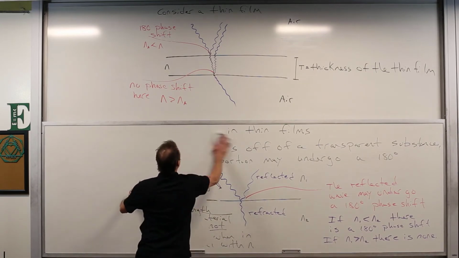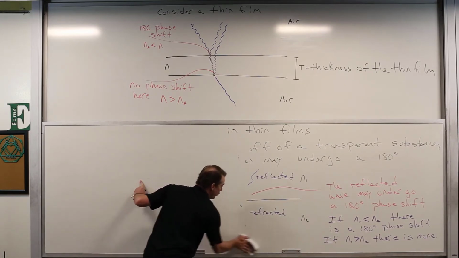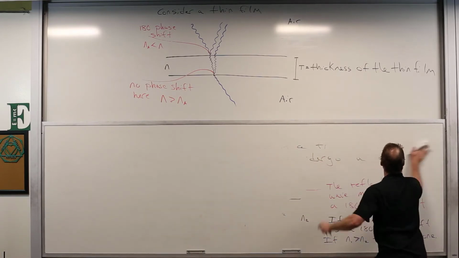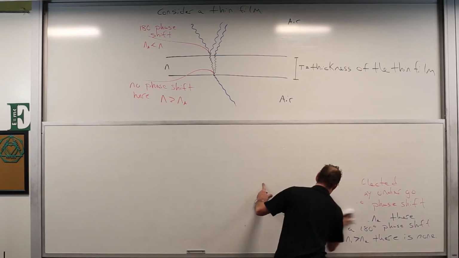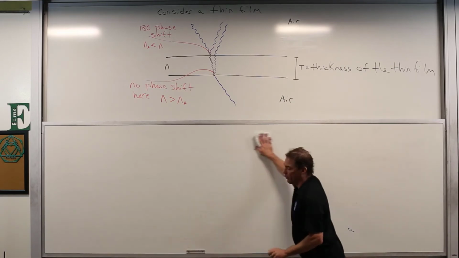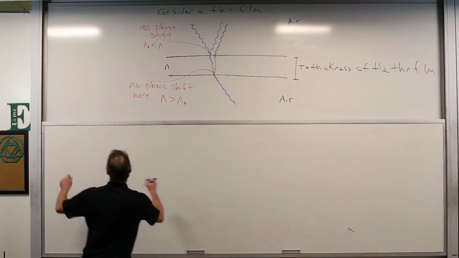So we're going to assume here that we're looking at normal incidence for this incoming ray, or that things are thin enough to utilize this approximation.